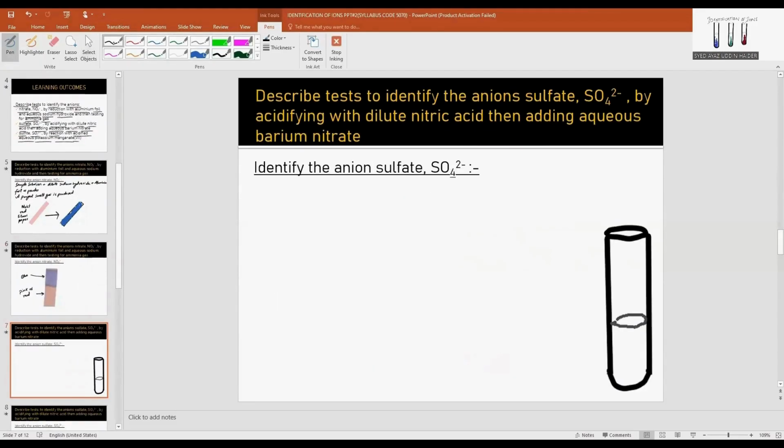For sulfate ion, add dilute nitric acid and then barium nitrate solution. Sample solution plus dilute nitric acid plus barium nitrate solution.